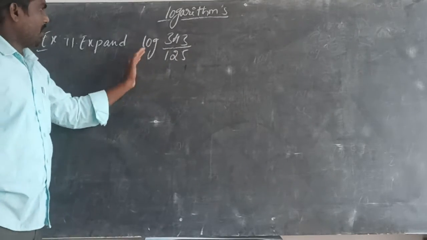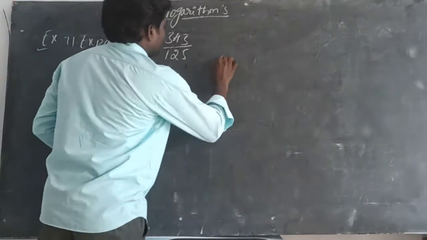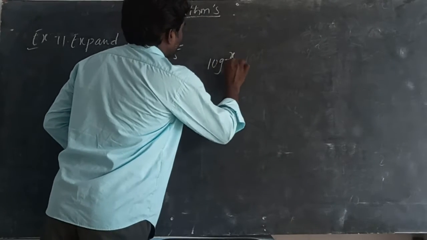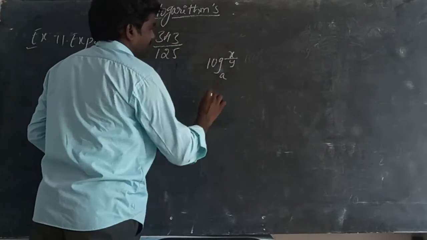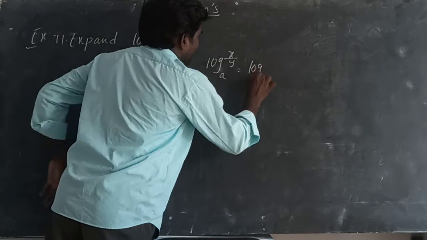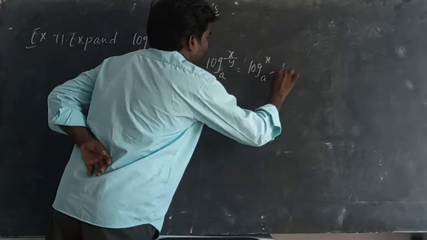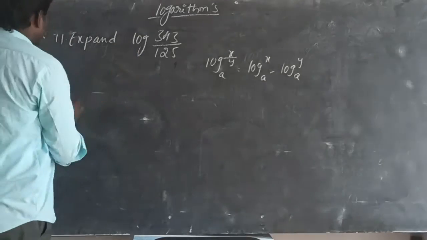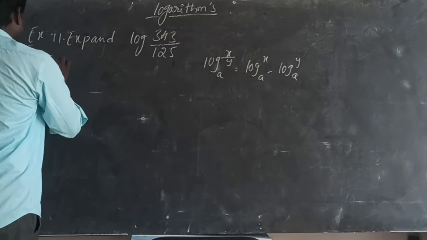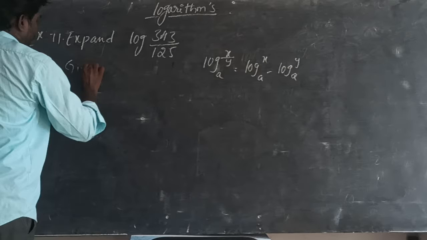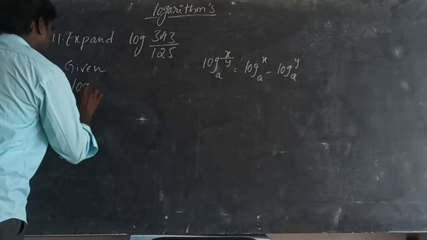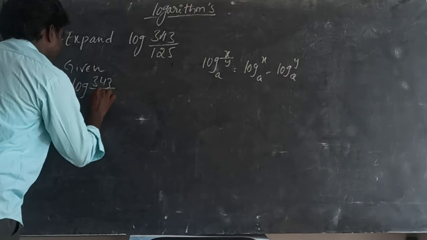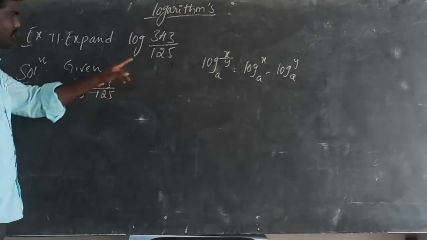Here we know that log x by y base a is equal to log x base a minus log y base a. Given the problem log 343 by 125, here there is no base.